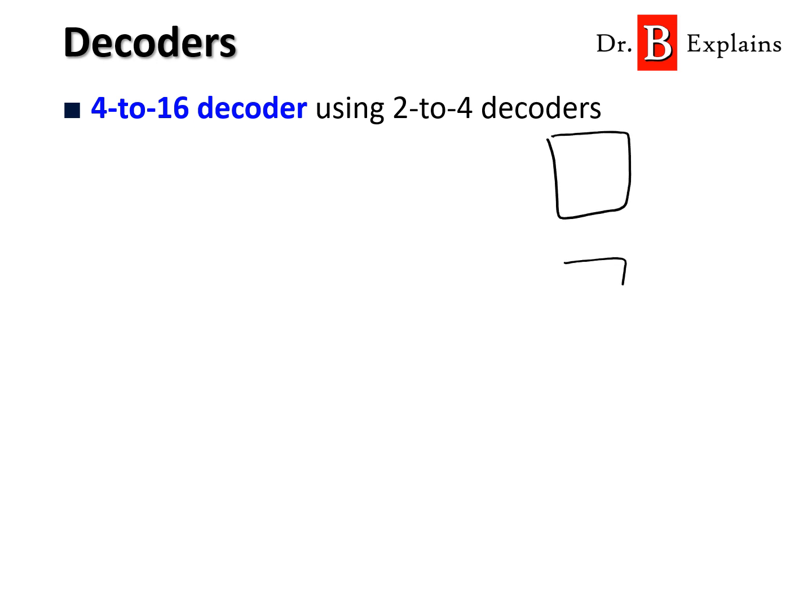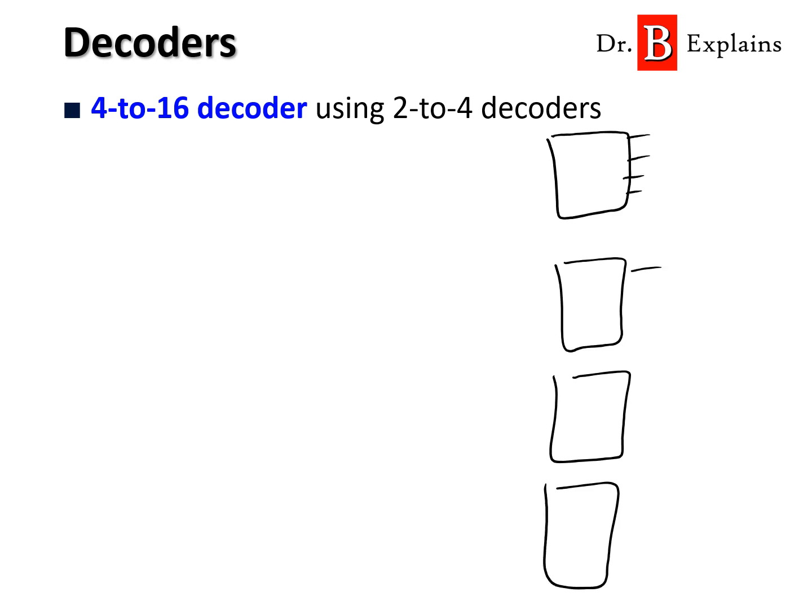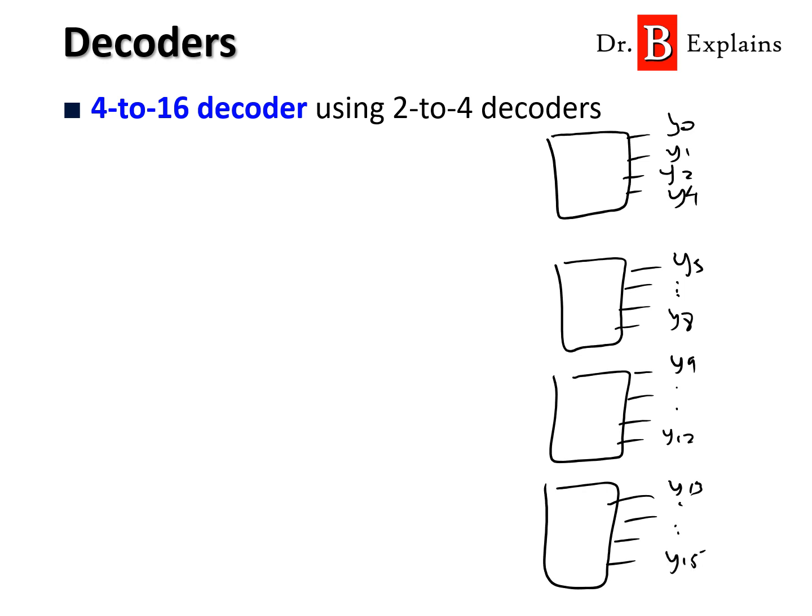We set 4 of these here, and the outputs are Y0, Y1, 2, 3, 4, 5, 6, 7, 8, 9, 10, 11, 12, 13, 14, 15.